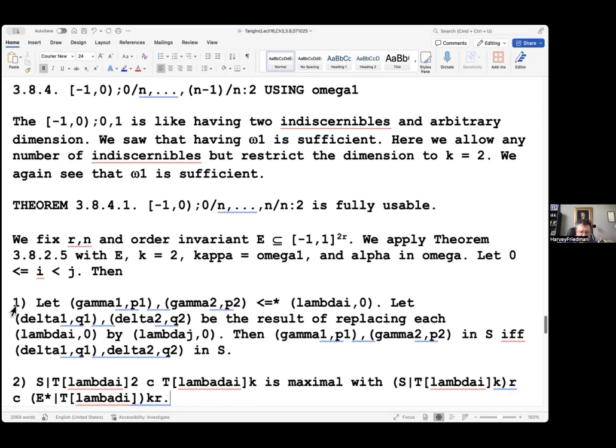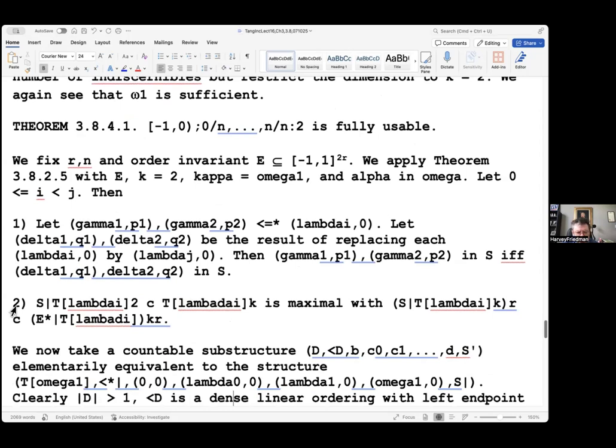This is all we need from that statement: if I have two pairs, remember we're in dimension 2, and I have another two pairs which result from replacing each lambda I0 by lambda J0, then these two are in S as a pair if and only if these two are a pair.